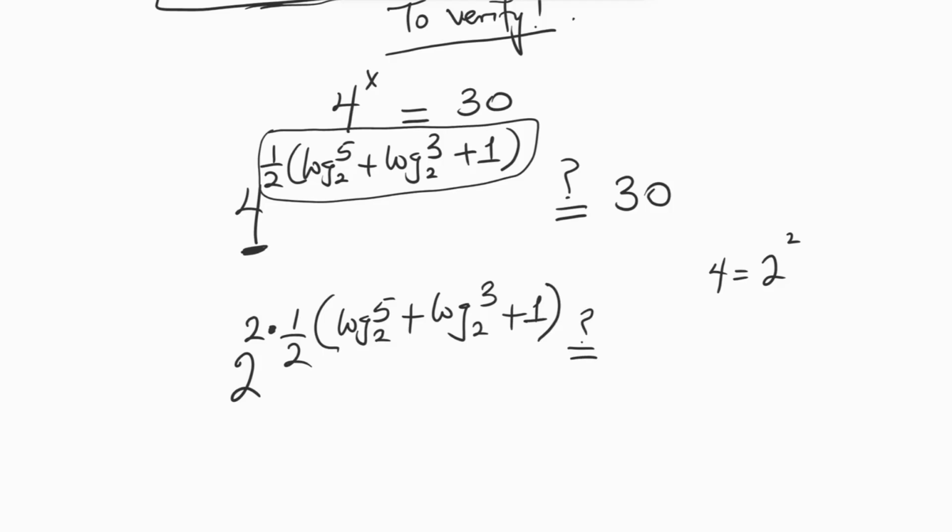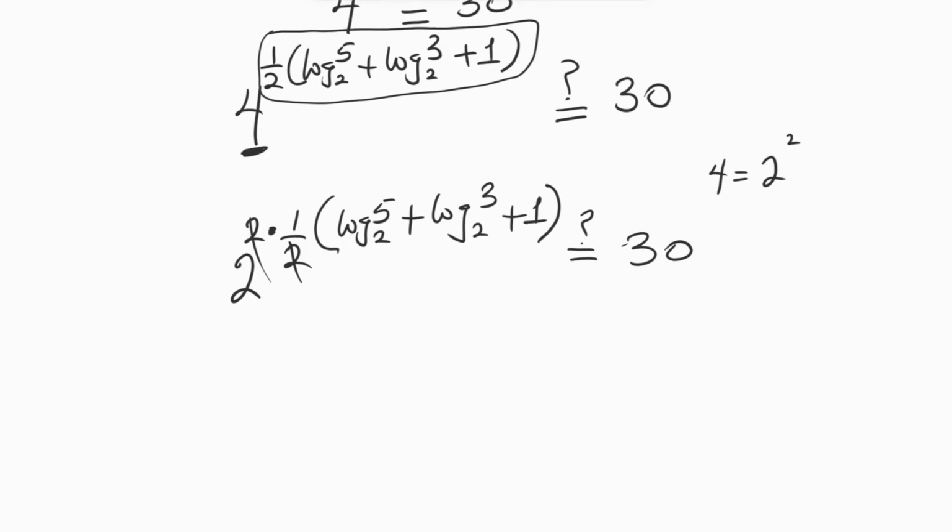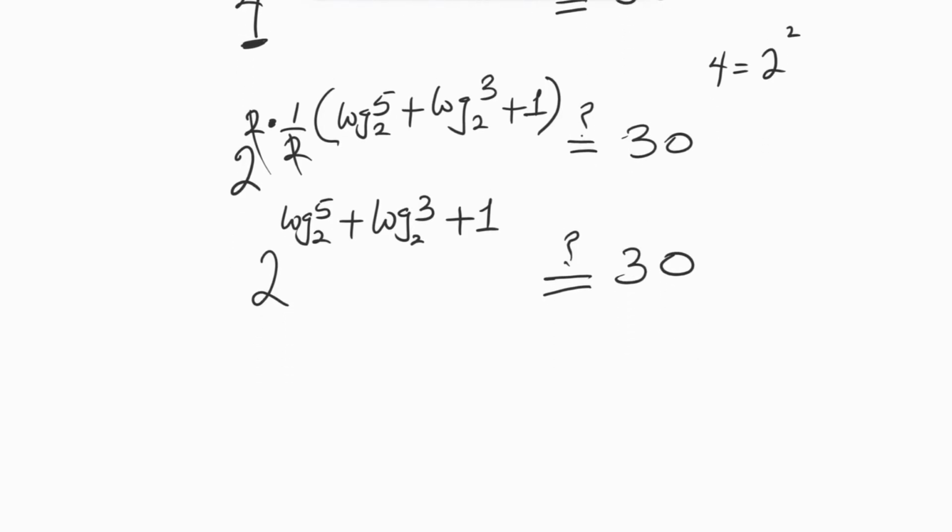We're trying to see if all of this is going to be equal to 30. Now we can see 2 times half, that can cancel out. So what do we have left? We have 2 raised to power log of 5 base 2 plus log of 3 base 2 plus 1. We're trying to see if this is going to be equal to 30.